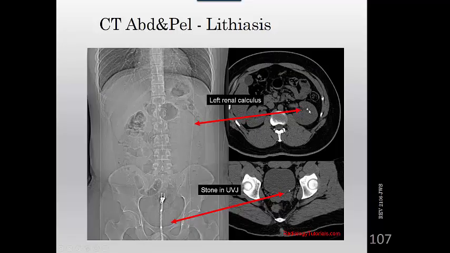It shows up here on the scout film. You can kind of see how dense it is. And then this one shows up down here on this scout, but it's at the UV junction in the ureter.